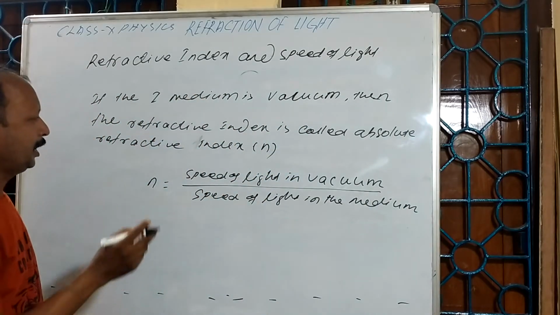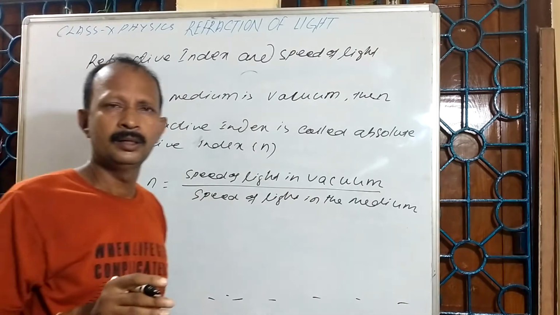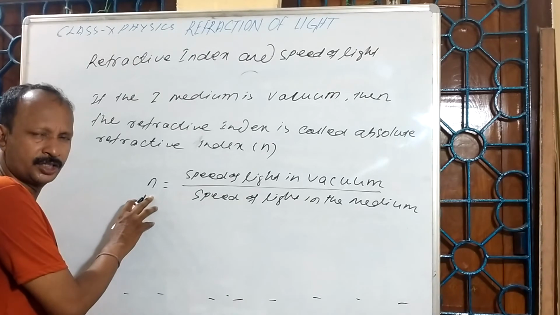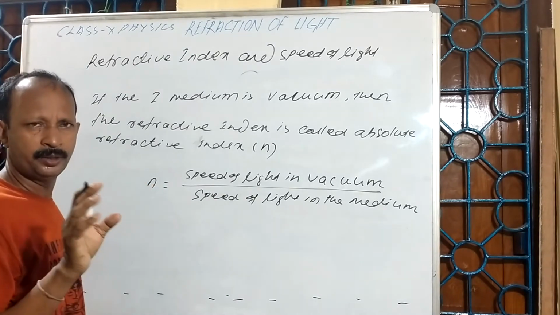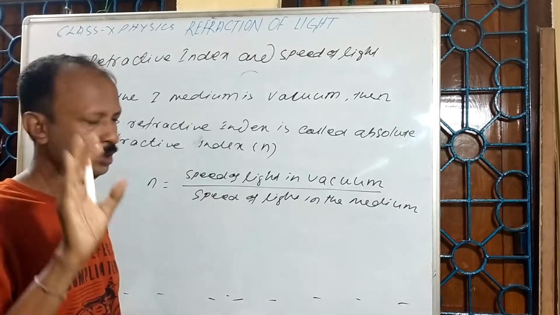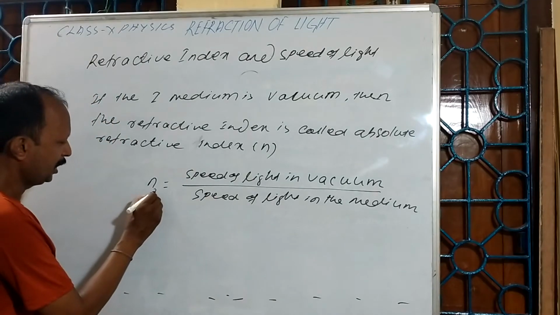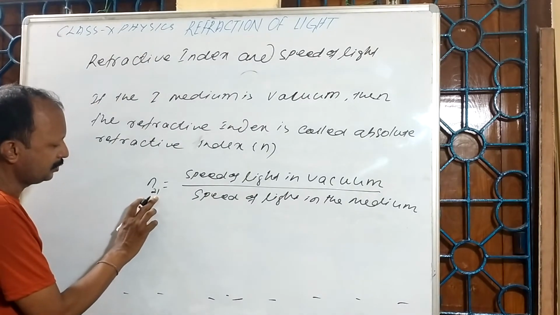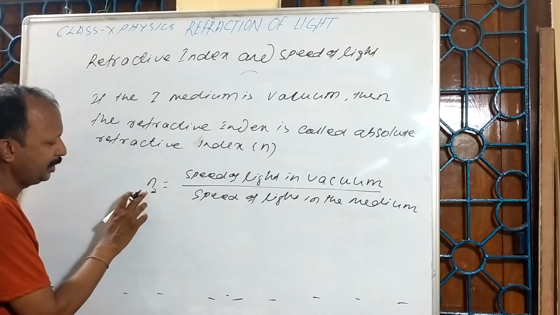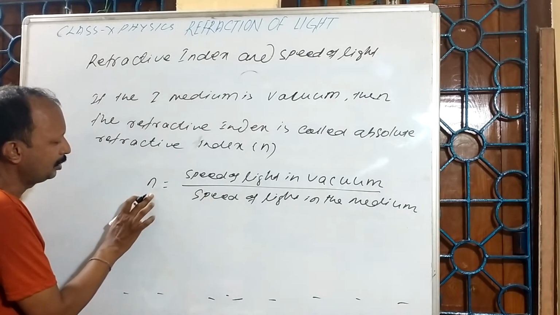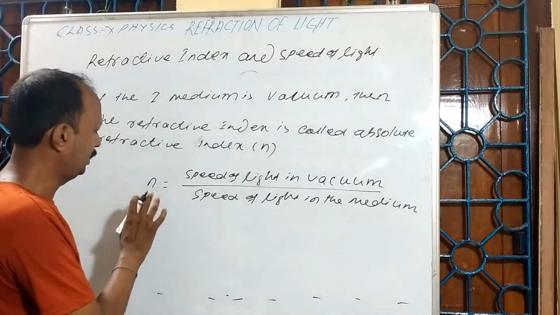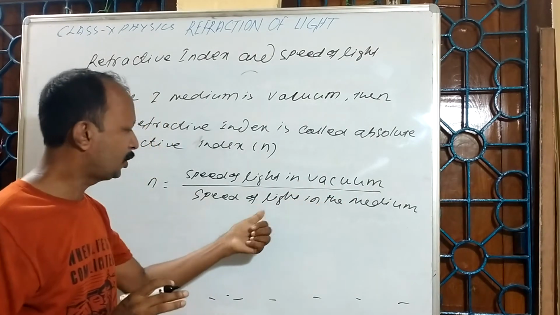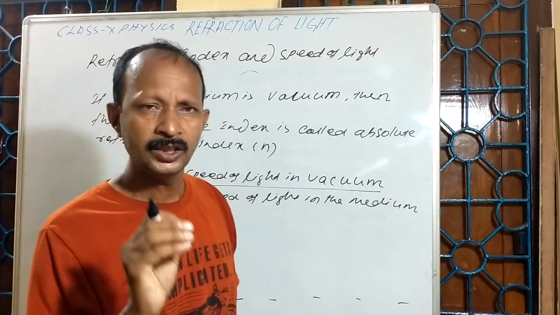Here in place of a subscript, simply I am writing the n, which stands for the absolute refractive index. For absolute refractive index, no need to mention the first medium. Since I shall not mention the first medium, here no need to mention the 2. So I can write that absolute refractive index is equal to speed of light in vacuum to the speed of light in the medium.